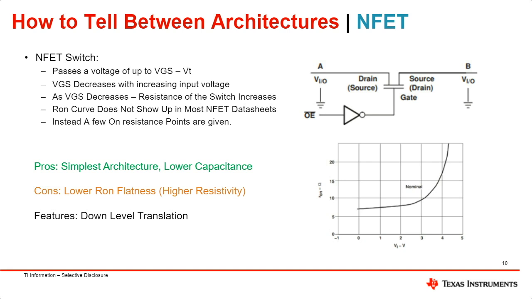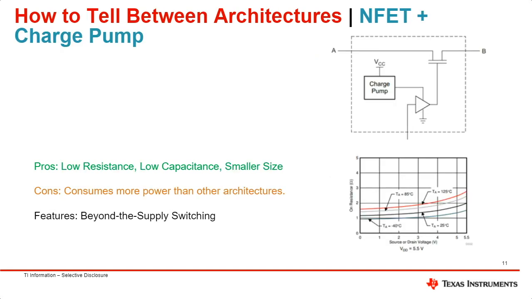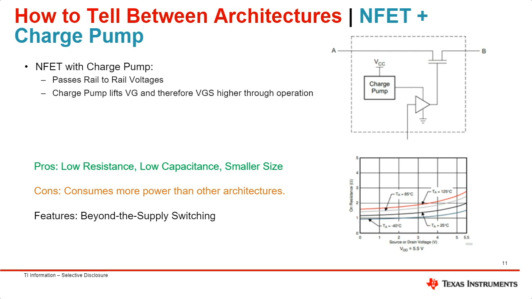A feature an NFET can do is down-level translation, which basically could be a logic translator, a logic shifter, a voltage shifter. And going into an NFET plus a charge pump, it's capable of rail-to-rail voltages, so it's capable of positive and negative voltage supply, as well as having low resistance, low capacitance, and smaller size.